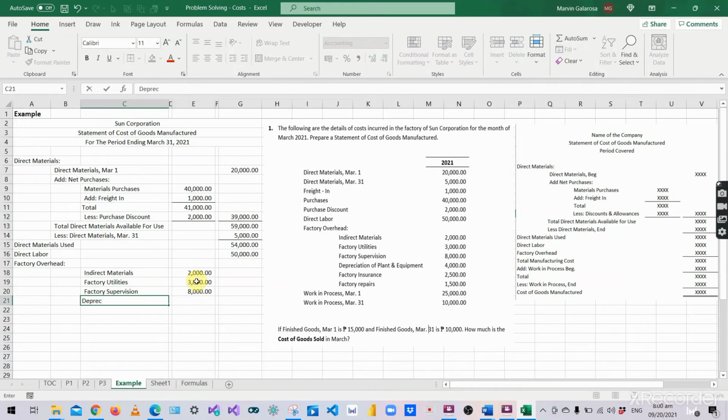Depreciation of plant and equipment, 4,000. Factory insurance, 2,500. And lastly, factory repairs, 1,500.